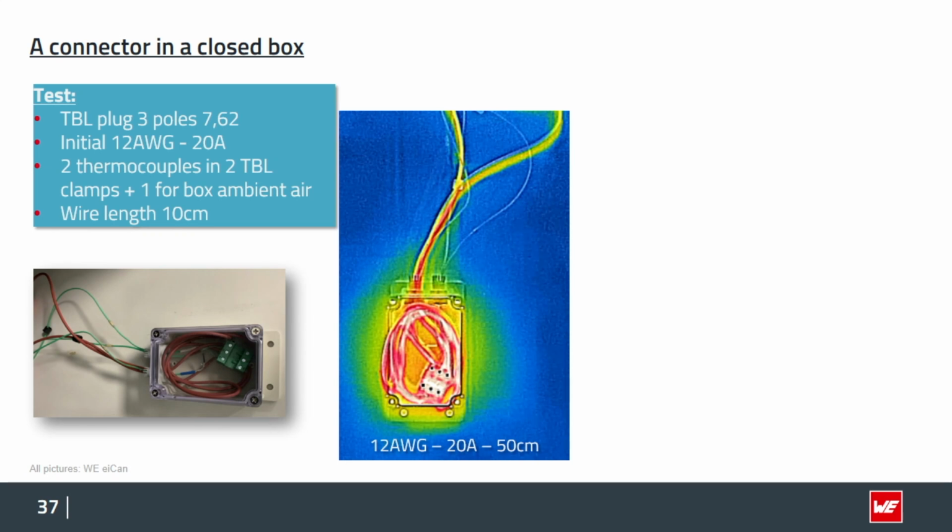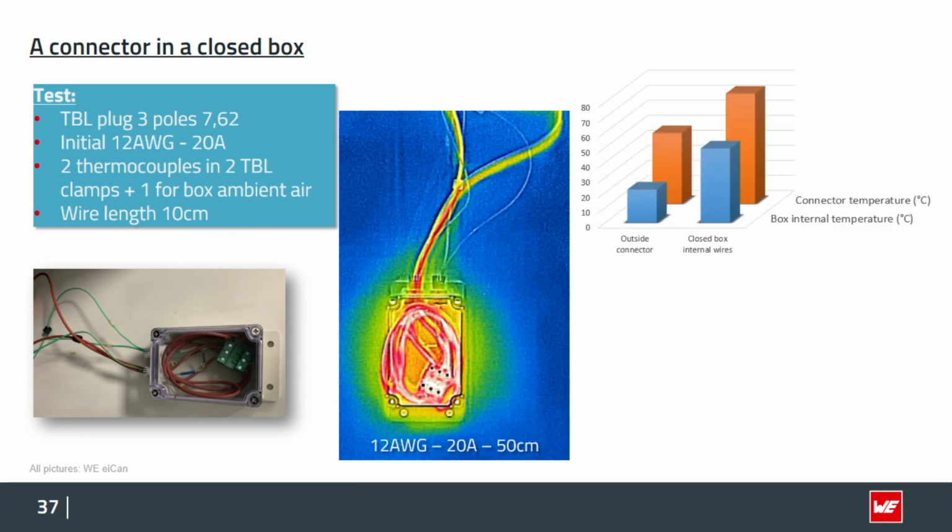And because there is no real heat dissipation, this is a plastic box with a polycarbonate top cover, so we can see what's inside and look at it with a thermal camera. But at the end it means there is no dissipation of the heat possible. And one of the most critical points is that the system could not be stabilized over a long period. So this is something that really needs to be avoided.